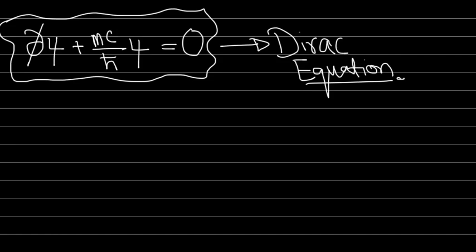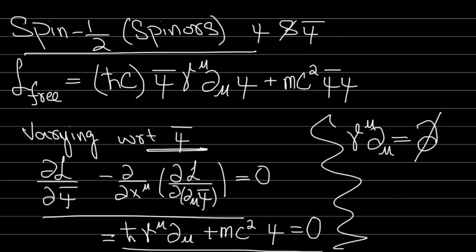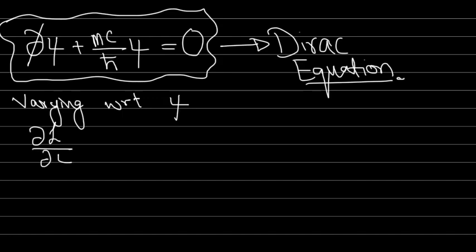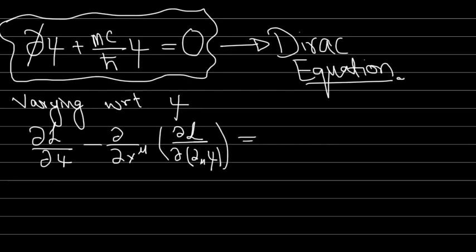Right. Now, remember that we only varied with psi bar. We can also vary with respect to psi, right? And again, we just have to solve this equation, that is partial L over partial psi minus partial over partial x mu times partial L over partial (partial mu psi) is equal to 0.